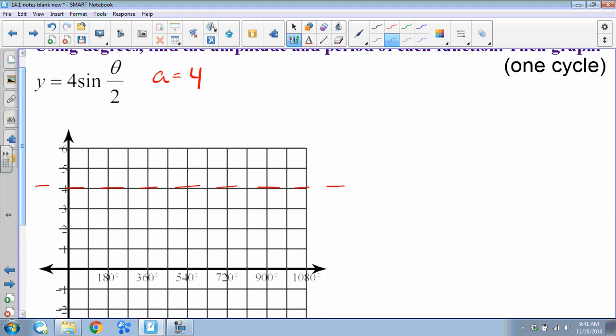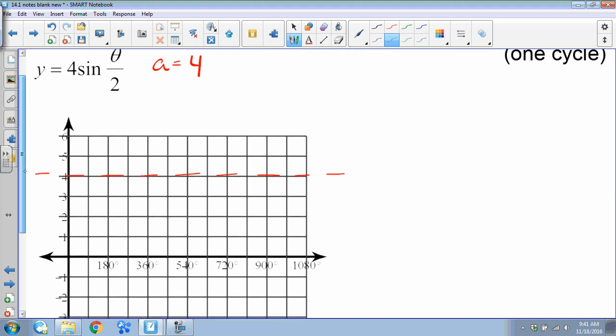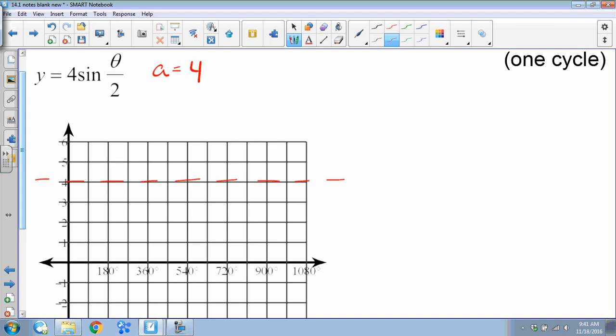Okay? Now, how many cycles are there? How many waves are there from 0 to 360? 1/2. This is 1/2, right? So B is 1/2. So if we want to figure out the period, we have to do 360, because it's degrees, divided by 1/2.